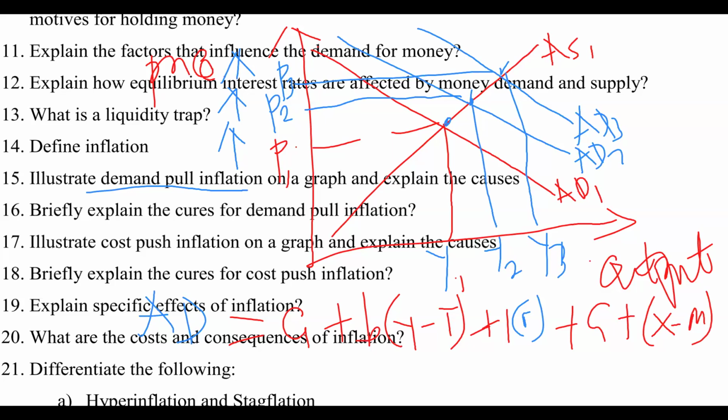For example, one, reduction in taxes. If you hold other factors constant, ceteris paribus, the reduction in taxes shall increase aggregate demand. This will be depicted by a rightward shift in the aggregate demand curve, increasing the income and also the prices.